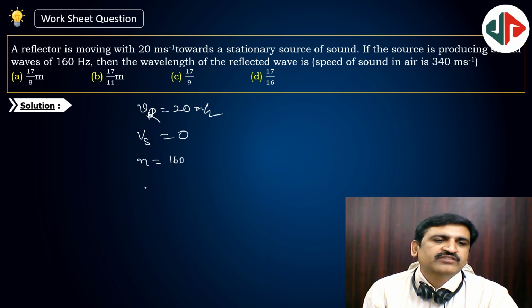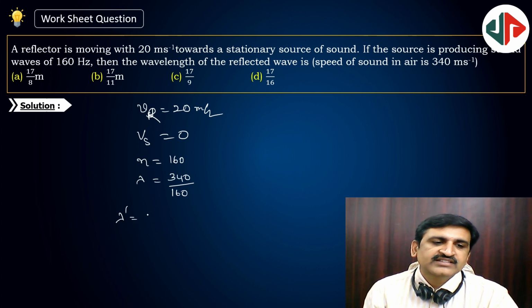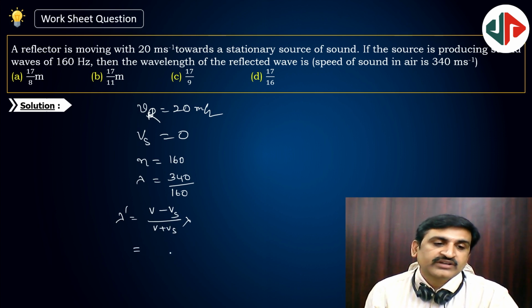So frequency n is equal to 160. Then lambda of incident is equal to V by n, V is 340 by n is 160. This is the incident wavelength. Now reflected wavelength is equal to V minus Vs by V plus Vs into lambda, because you need to consider it twice.